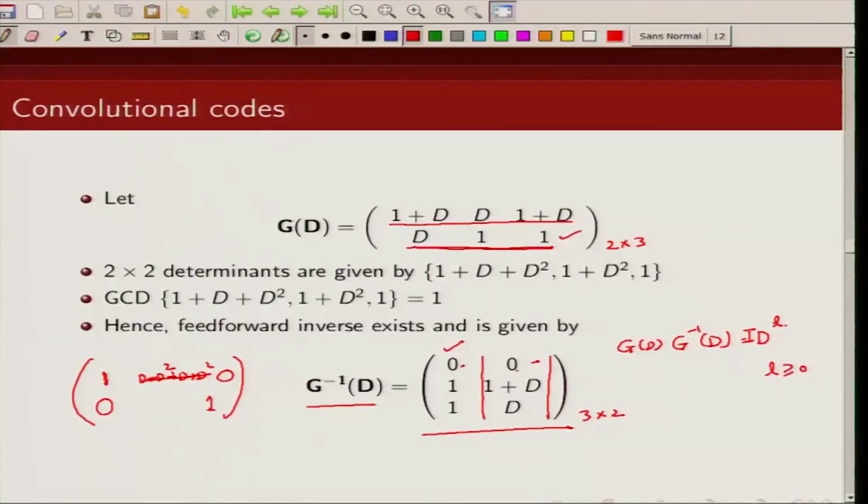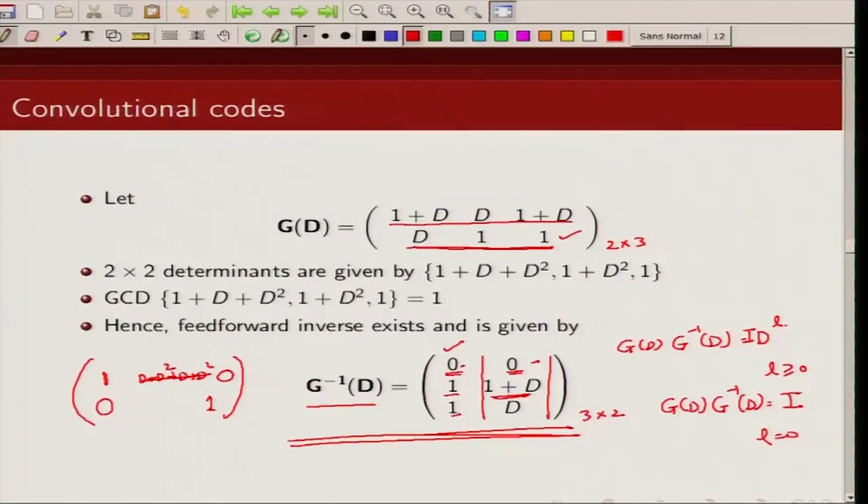So, again what we are getting for this case is that G D inverse is an identity matrix. So, L is 0 essentially here. Okay. So, this is an inverse for this generator matrix, and we can see that all the terms are feed forward terms: 1 by D and 1, 1. So, this is a feed forward inverse for this convolutional code with this generator matrix.